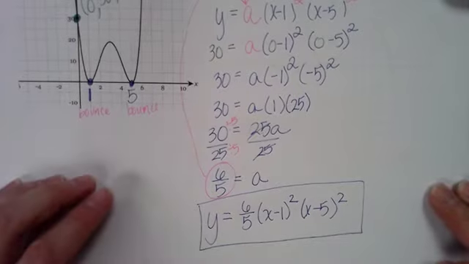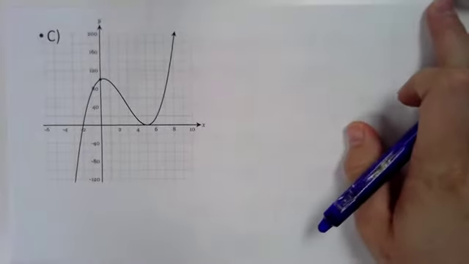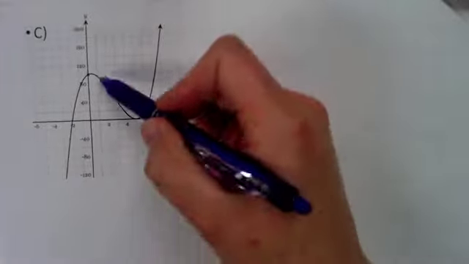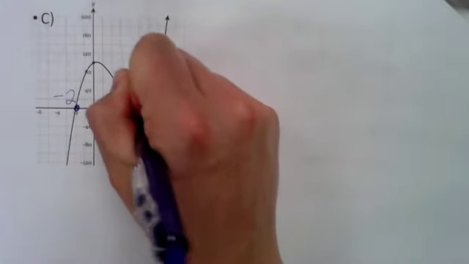Questions on that one? All right, raise your hand if you think you get this. Easy? Okay. Let's just do one more. We have a lovely little curve that is passing through -2 on the x-axis and also touching at 5 on the x-axis.